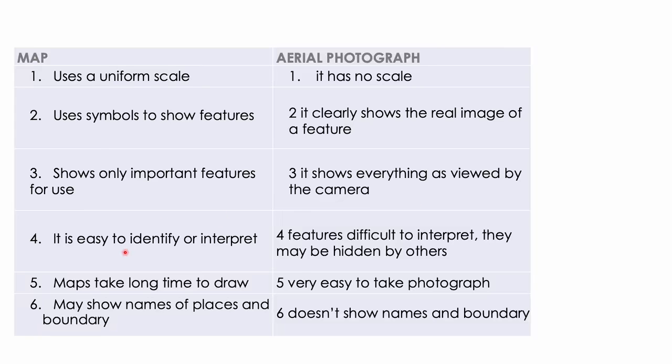The other difference is that on a map, it is very easy to identify or interpret, while on an aerial photograph, the features are difficult to interpret. They may be hidden by other objects.